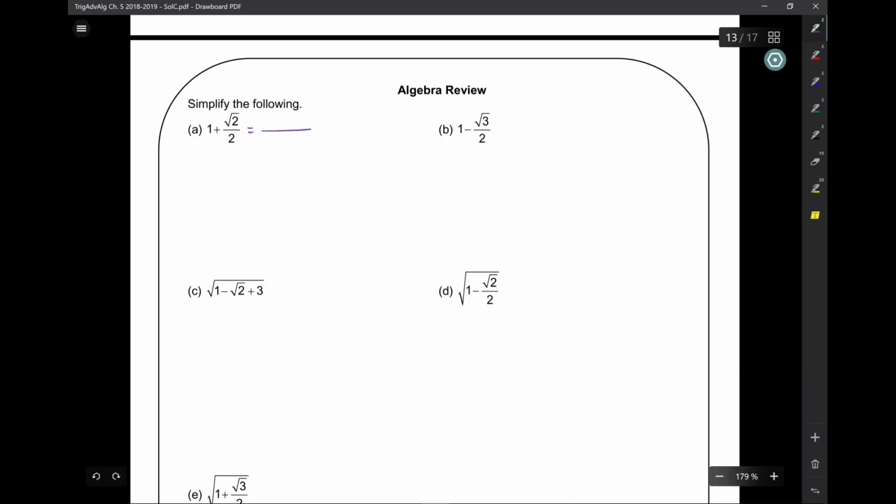All right, so here the common denominator is going to be this same number 2, and then we're going to do a loop. This is my cute little way of doing it. So 2 times 1, that's 2, plus root 2, so 2 plus root 2, okay?